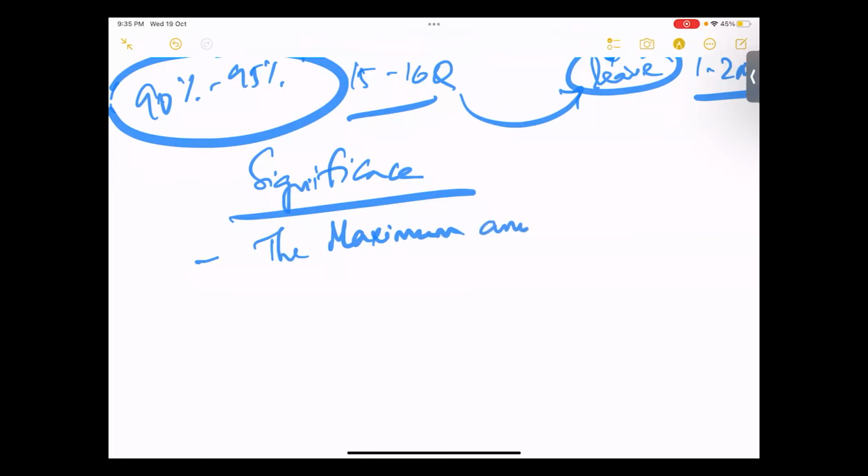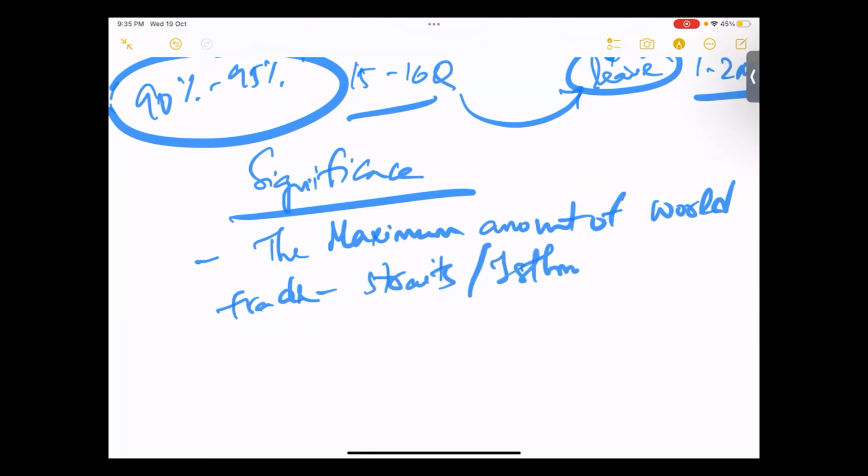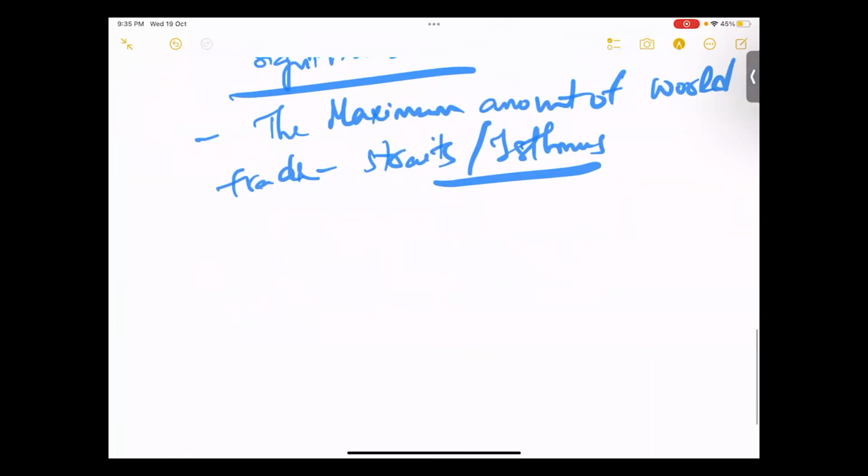The maximum amount of world trade happens through straits and isthmus. You are saying that you don't know the stat, but maximum amount of world trade is a fair word. No one can deny it.